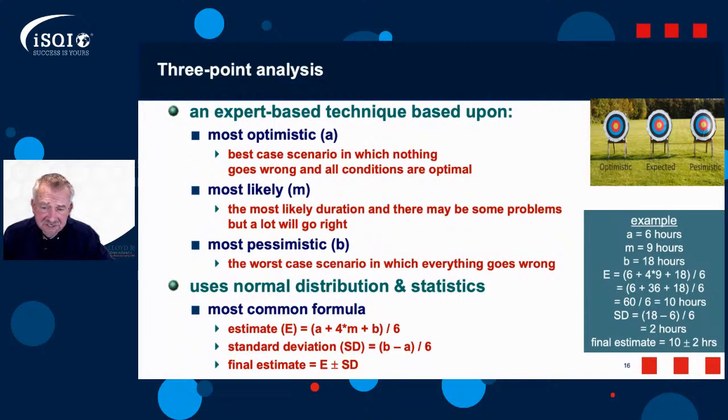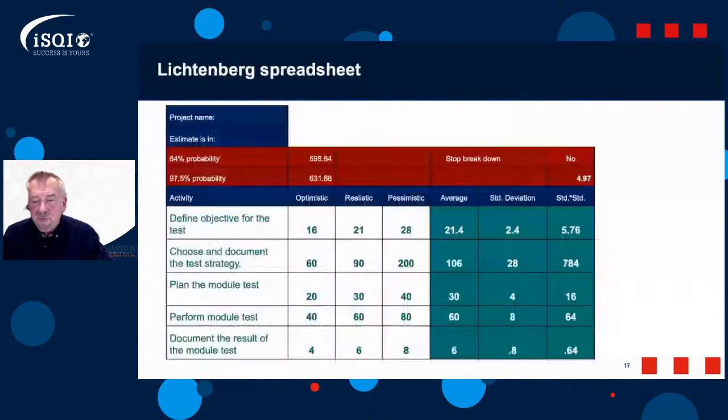Now, I've got this spreadsheet given to me some years ago by Lichtenberg, and it's got some macros in the background. Again, it uses this 3-point estimation, and you put your activities down, and your optimistic in hours, your realistic, your pessimistic.